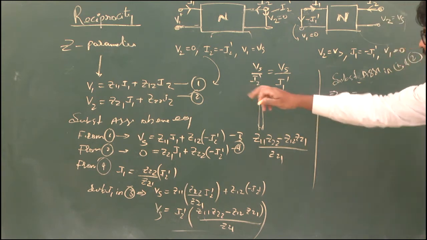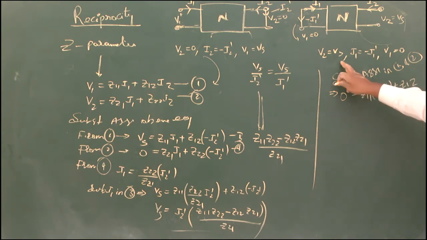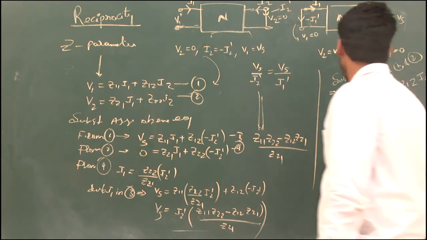So 0 equal to Z11, where I1 is replaced by minus I1 dash, plus Z12. I2 is not affected, therefore we keep I2.